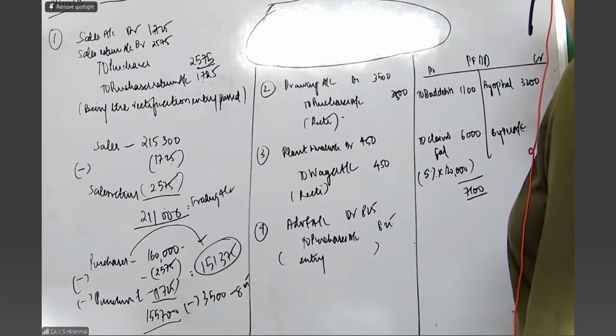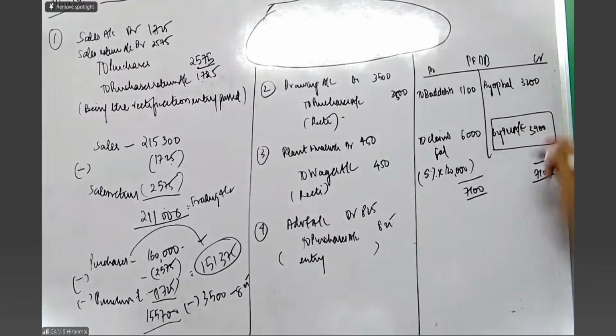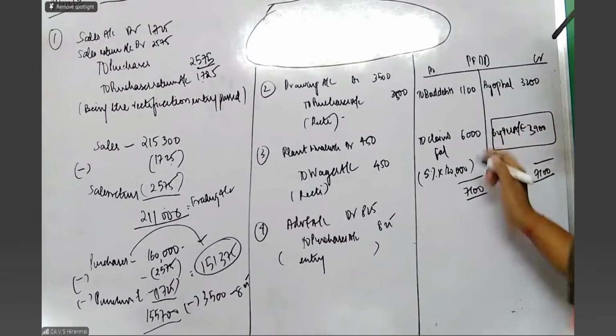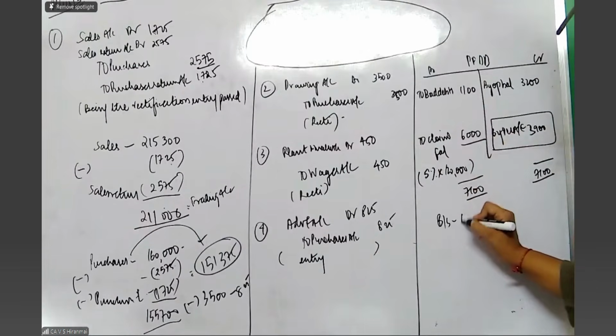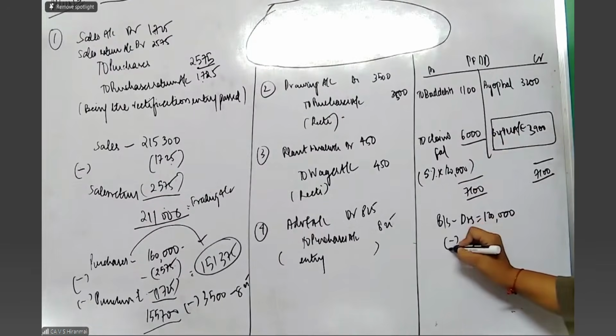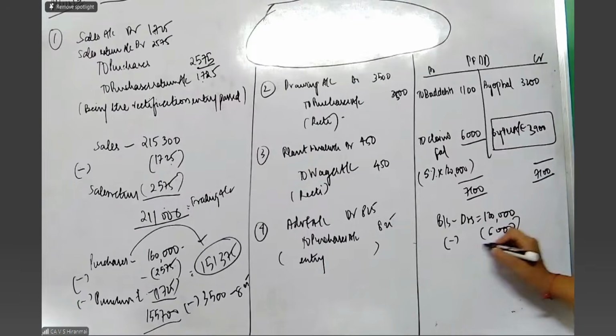How much is the amount that you will be taking? 3,900 will go to your P&L account. That's all. 3,900. Simple thing. Open this account. Simply it will get over. And in the balance sheet, the debtors value will be 1,20,000 minus 6,000, 1,14,000.